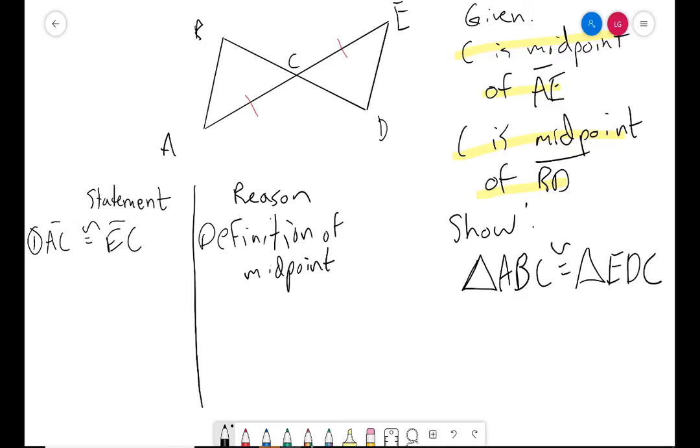So as we look at the line segment A to E, it is cut in half if we chop at point C. Cut in half.